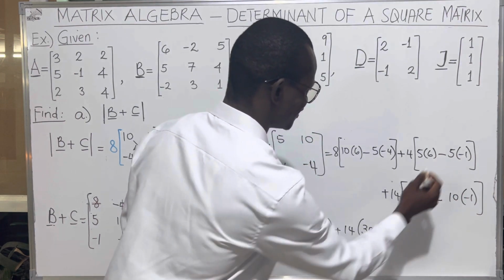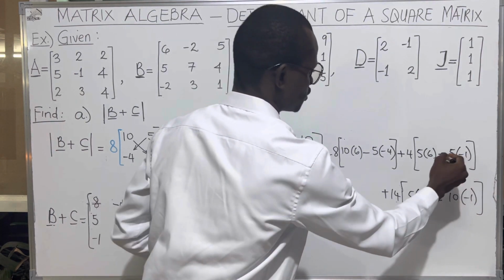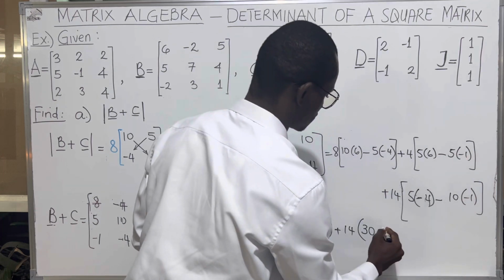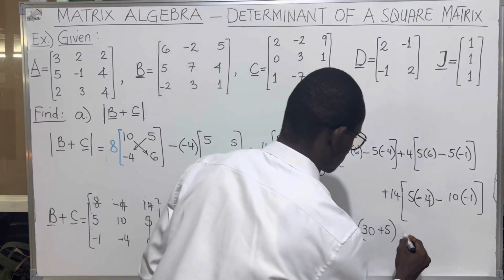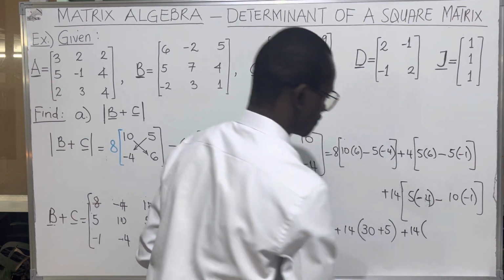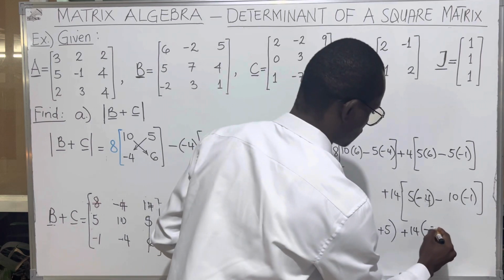So it's minus 1 times minus 5 is positive 5. And then plus 14 times 5 times 4, which is minus 20.